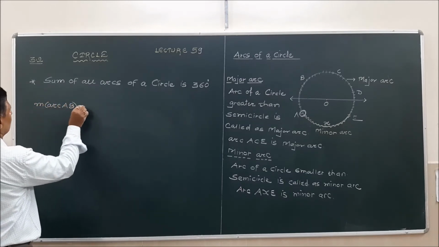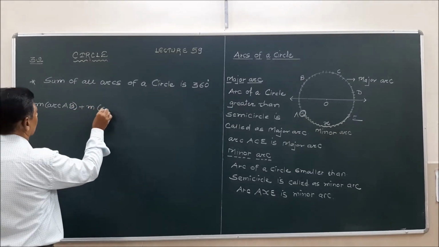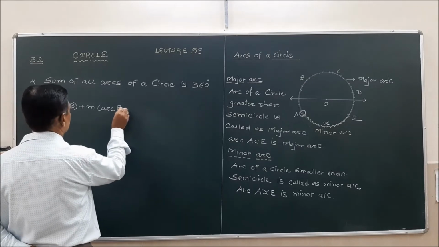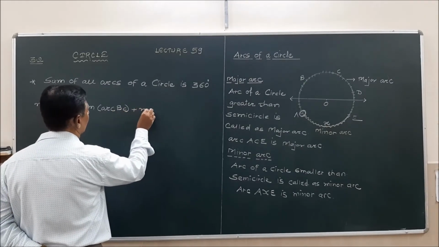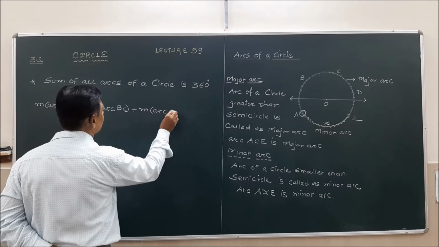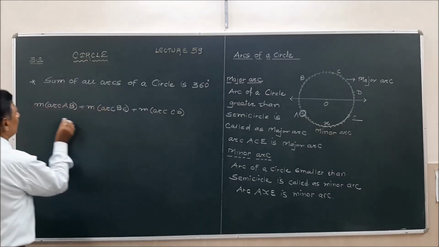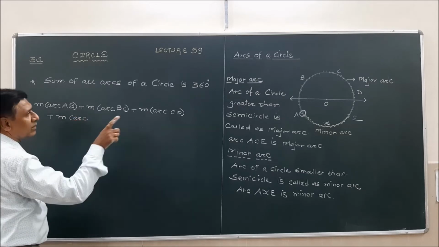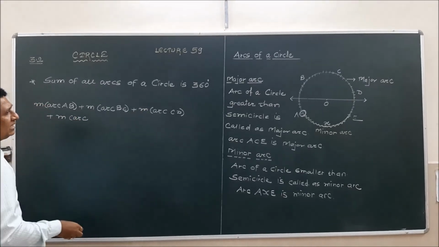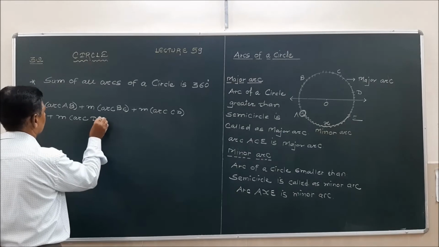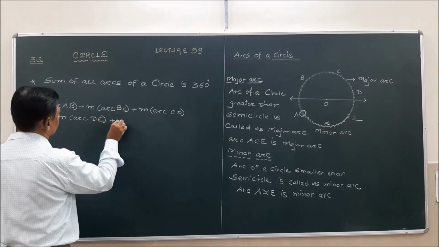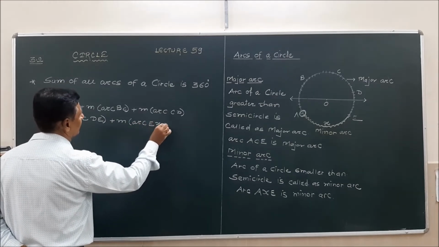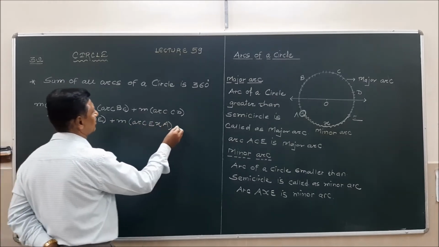plus measure arc BC plus measure arc CD plus measure arc DE plus measure arc EXA, that is equal to 360.